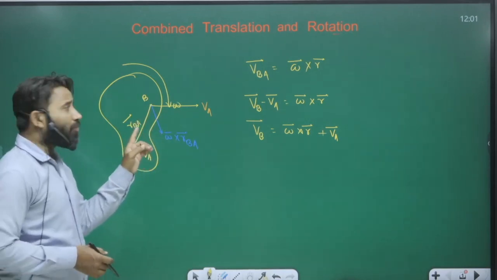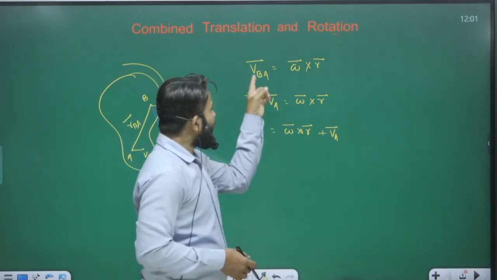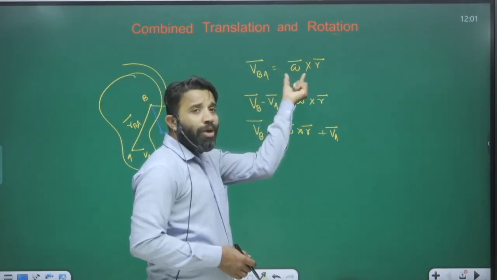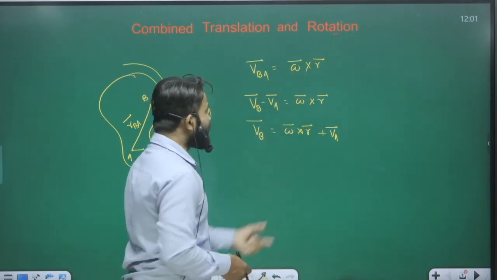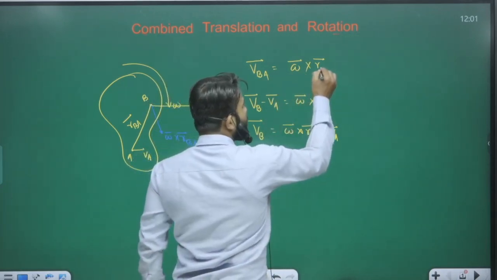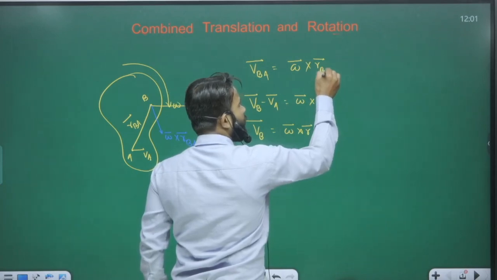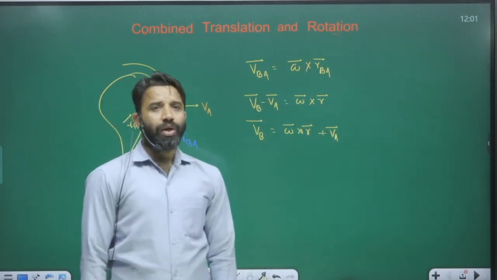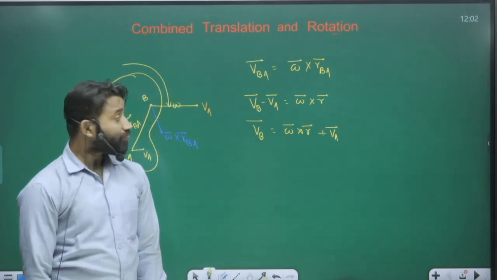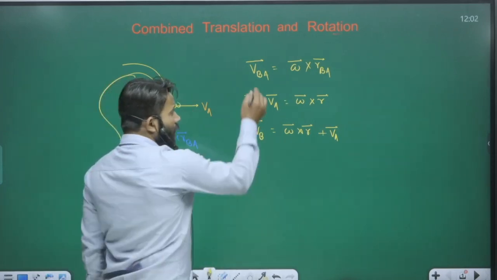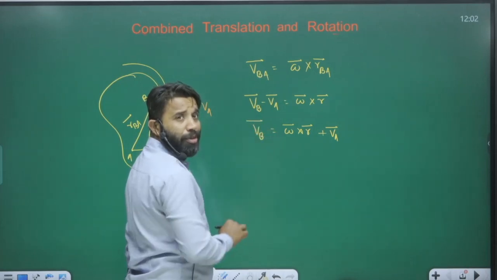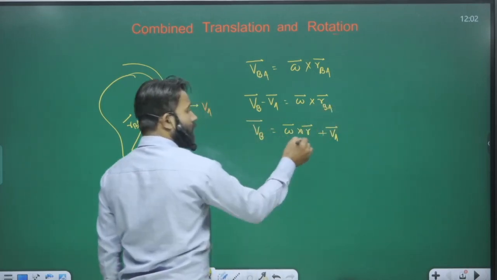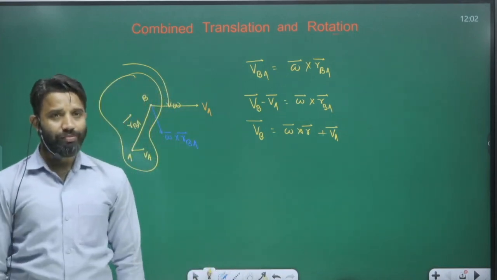And if it is performing circular motion, then the velocity of B with respect to A can be written as omega vector cross R vector, and this R is RBA, position vector of B with respect to A. Now this VBA can be written as VB minus VA, and this equation can be further solved like this.